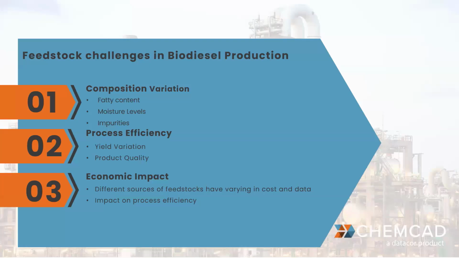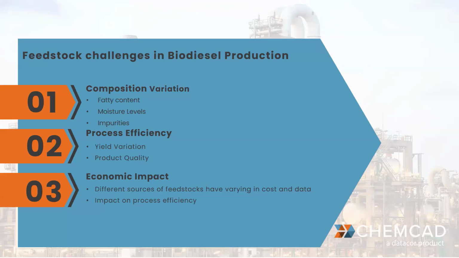Why are feedstocks challenging in biodiesel production? Well, feedstocks can vary in composition, so the fatty content might be different, with different moisture levels, and also the impurities that come in the feed, to the point that some oils and fats might require a pre-treatment process before going into the transesterification process. Another challenge is process efficiency.